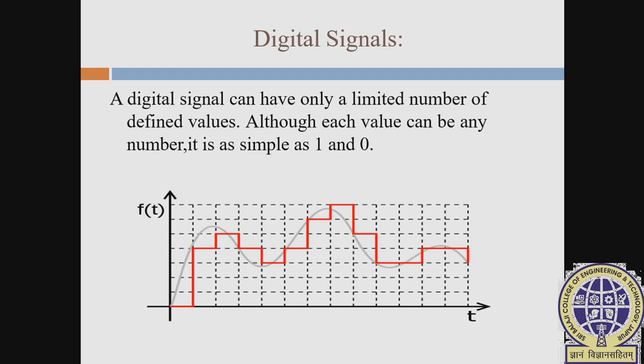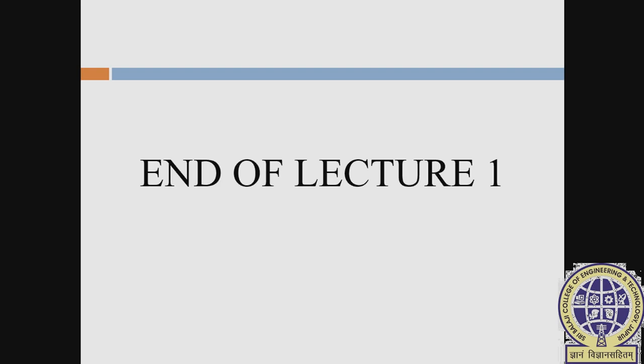After that, they are transmitted in the form of analog signals. The graph shows the digital data transmission. Okay, so today's lecture ends here.